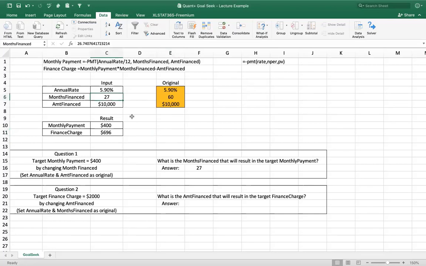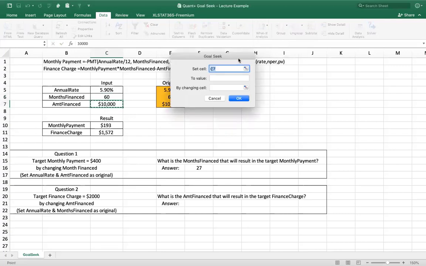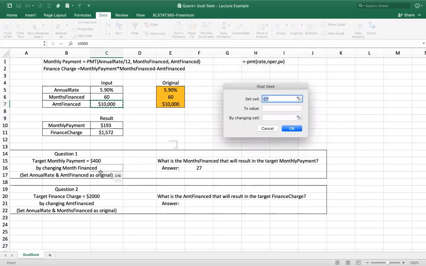Months financed, I'm going to set it back to 60 months. Now I'm going to move back to Goal Seek. So set cell finance charge, that's C11. I'll just click on that, set it to $2,000, and then by changing amount financed, so that's cell C7.